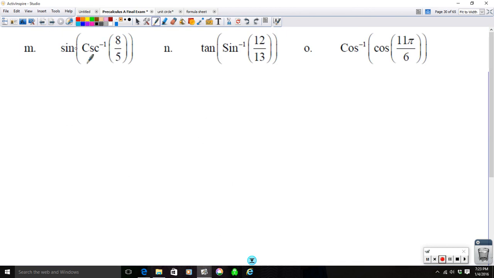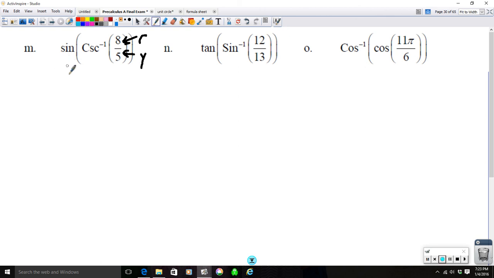All right, almost done here. Next one. We're not on the unit circle because we have an 8/5 for inverse cosecant. So what we know here is that cosecant is 8/5. This means, if you again go back to the ratios like from question 17, this is going to be r over y.